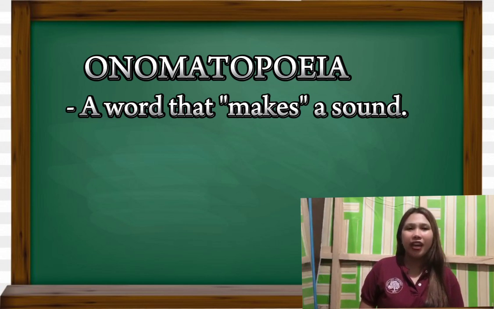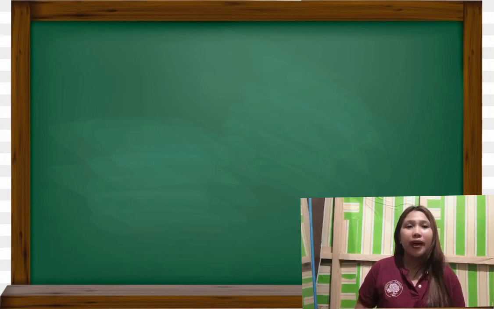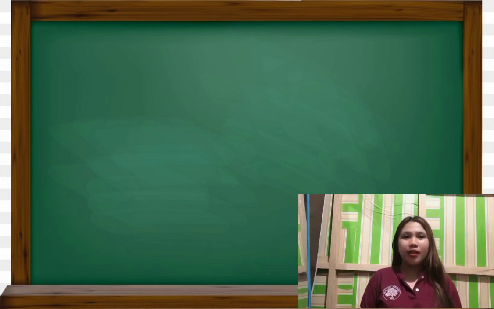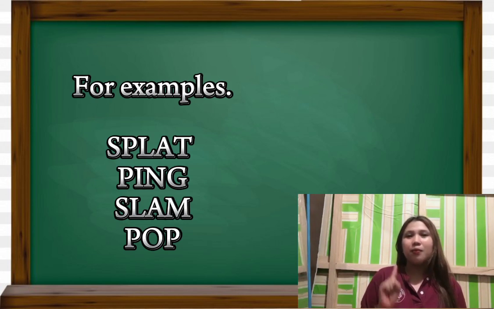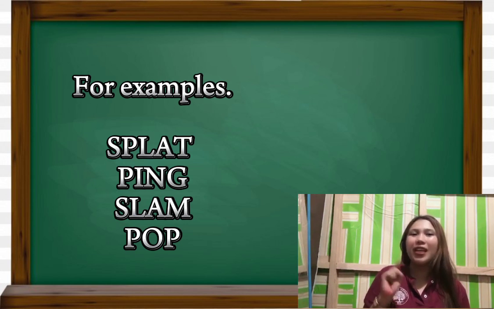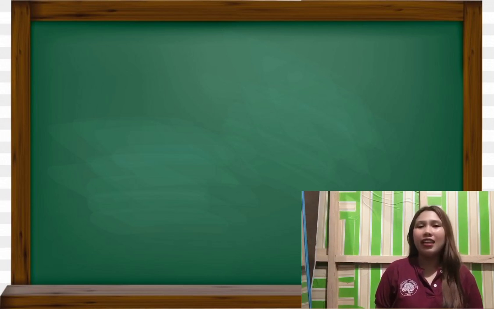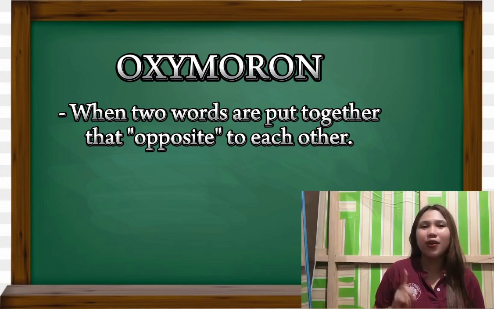Next, we have onomatopoeia. When we say onomatopoeia, it is a word that makes a sound. For example, pop, slump, ping, and splat. Last, we have oxymoron.